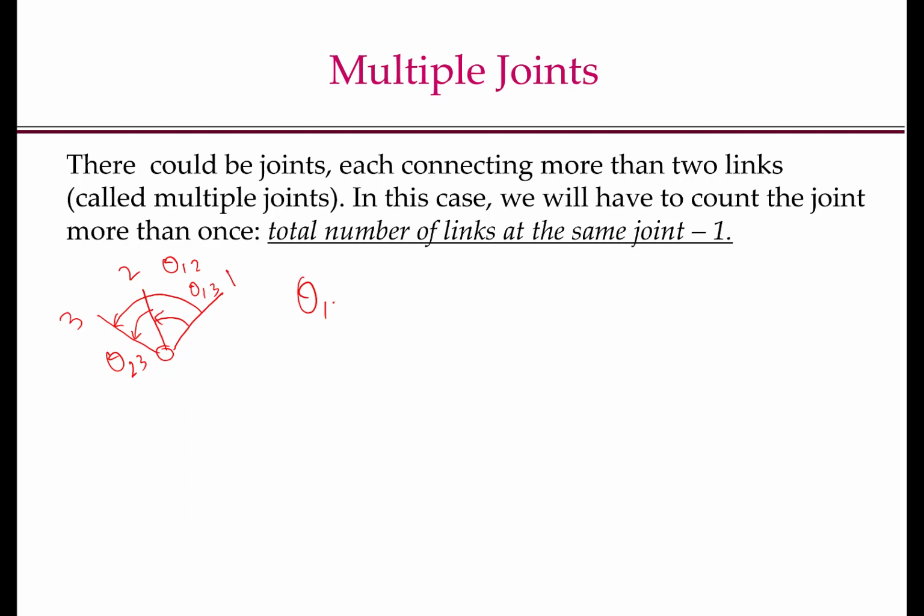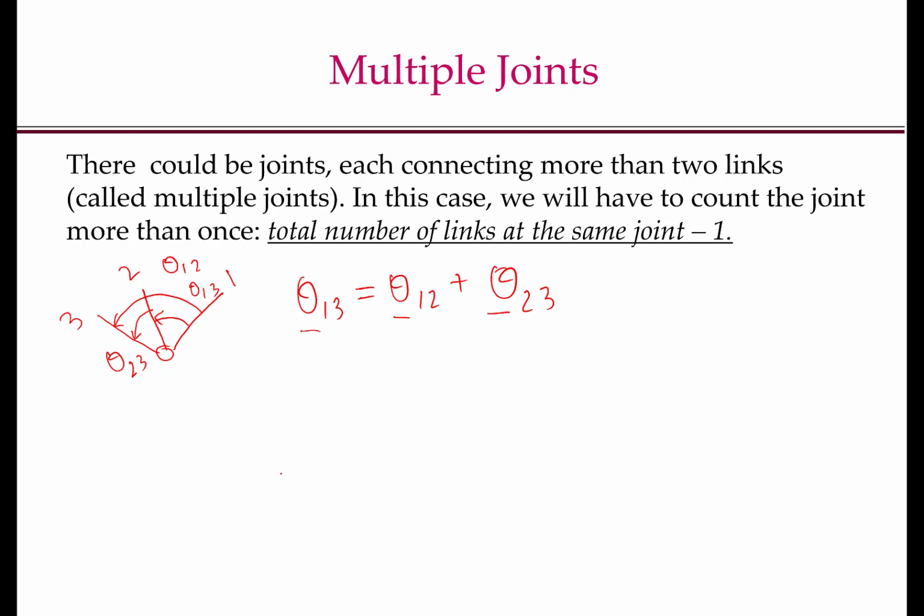So we know that theta 1,3 is theta 1,2 plus theta 2,3. Therefore, if we just know these two angles, theta 1,2 and theta 2,3, we will know the third one. So although there are three possible angles, the degree of freedom is actually 2. Just knowing the angles between each pair of links is sufficient.